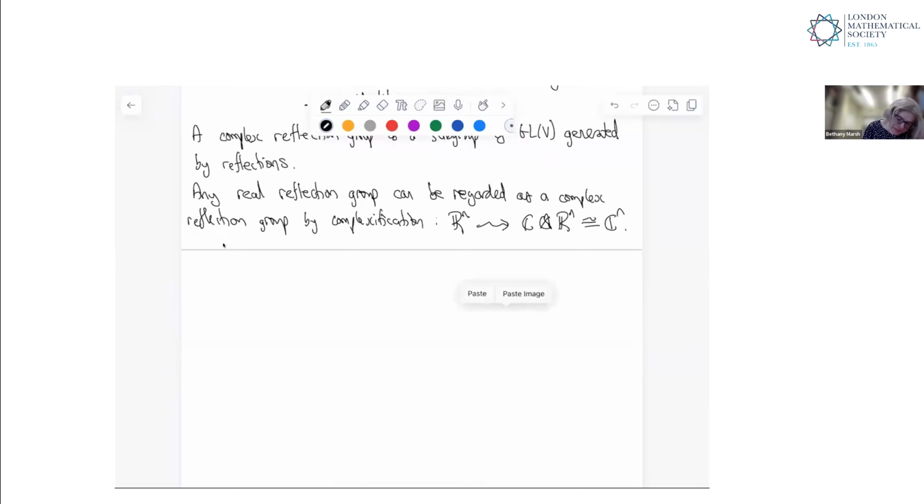Okay, so I'm going to focus on an example, which is the group we've been looking at. We'll take positive integers d and n, and we take a primitive d-th root of unity in the complex numbers.